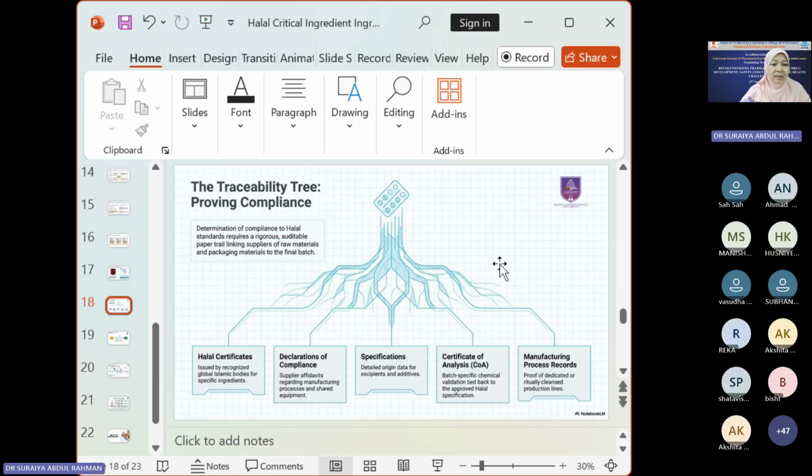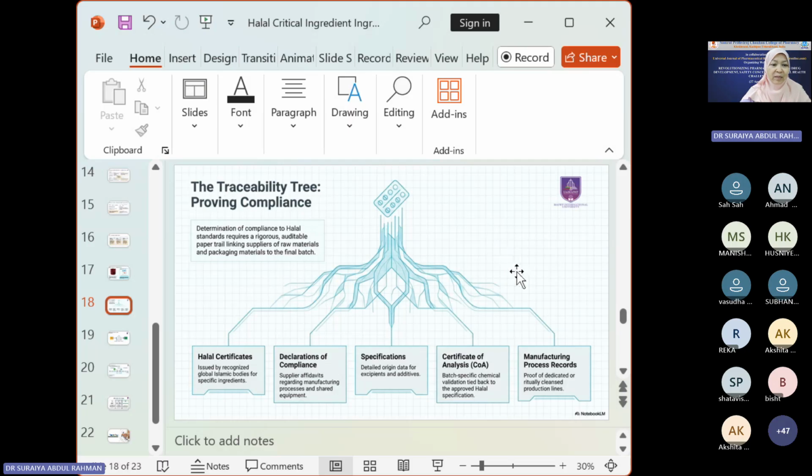So this slide, in order for a pharmaceutical company to apply for halal certification in Malaysia, because Malaysia allows halal certification applications for pharmaceutical products, the company needs to provide clear traceability on the source of the raw materials.